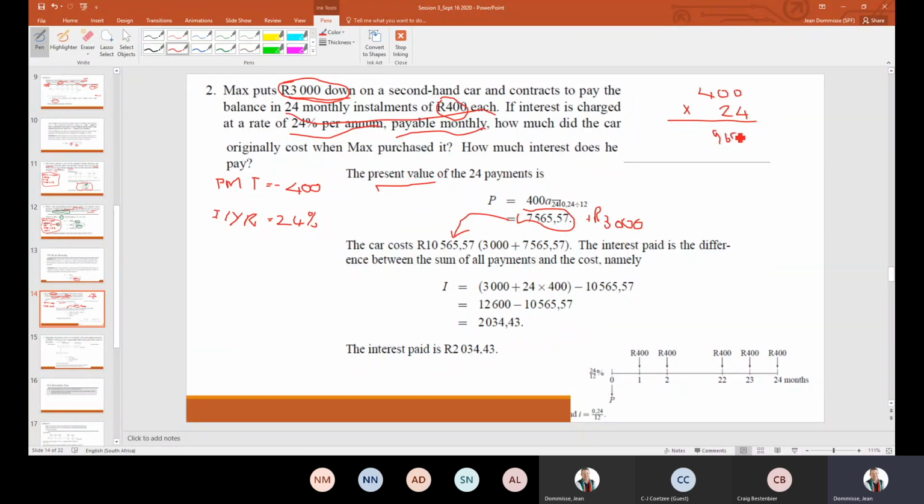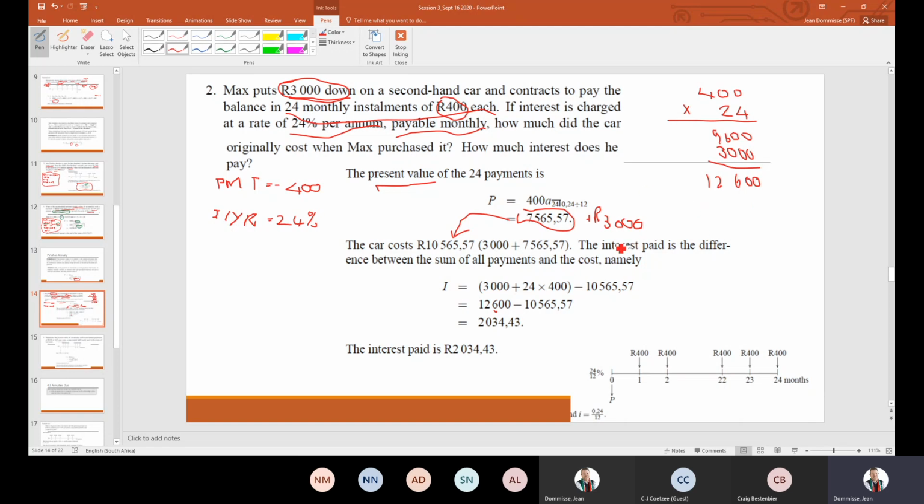And if you add that to the 3,000, because that would have been part of your payment as well, you would have actually paid in total 12,600, if I am doing my calculation correctly. Yes, I am. So in total, you would have paid 12,600.